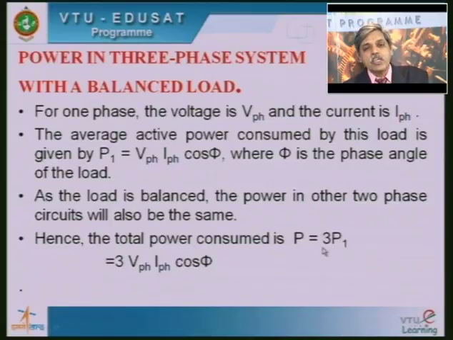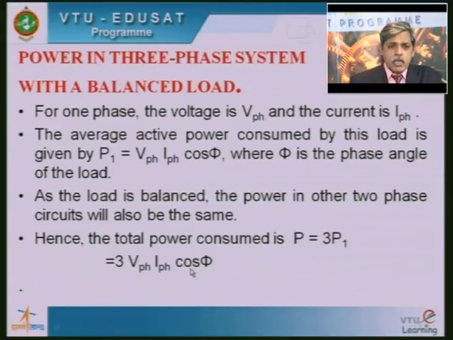So, P is equal to 3 times P1, that is 3 V phase I phase cos phi. Now, depending upon star connection or delta, how the phase loads are connected, I can modify this equation. The modification will be in terms of phase voltage and phase currents without altering the power factor here.